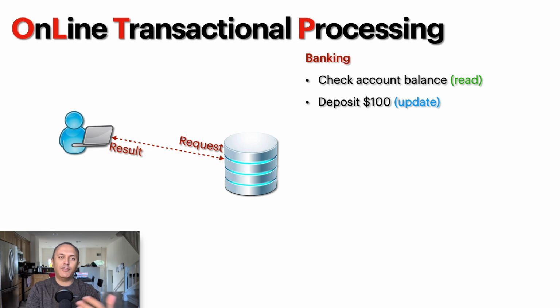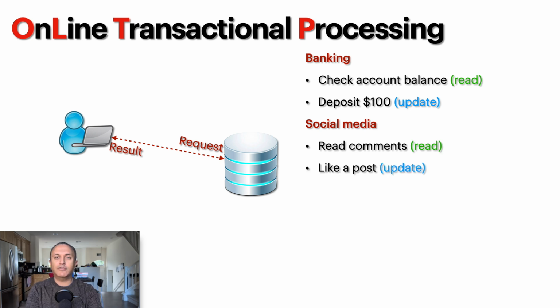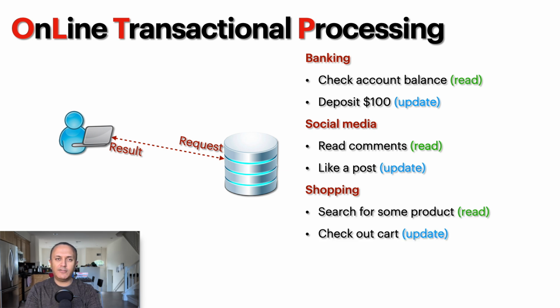Or you could be sending a request to deposit money in your account, which is a write request because you're updating the account balance. In the context of social media, reading a comment is a read request. Posting a comment or liking a post or anything like that is a write request. Again, you're making a change. In the context of shopping, searching for a product, that's a read request.